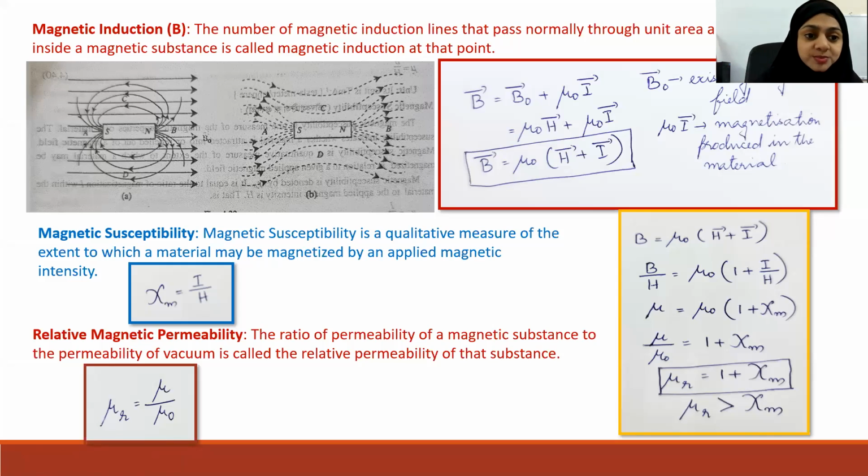So for the new substance, it will act as a magnet due to magnetization. This end will become south pole and this end will become north pole. So there are new magnetic field lines which are directed from north pole to south pole outside this magnetic substance. Is that clear? This much?